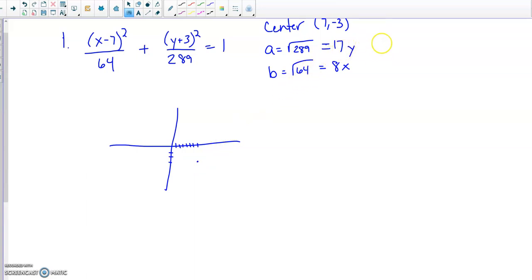Remember, vertices are going to go with my A. I've got to go 17, in this case, up and 17 down. So 1, 2, 3, up to 17. Woo! So that goes way up there.